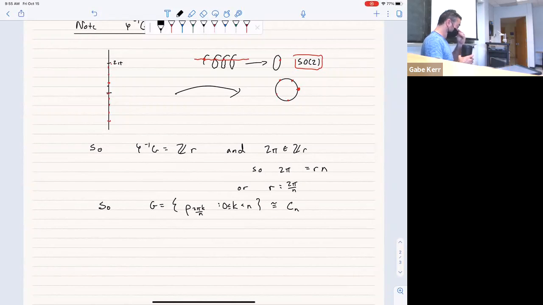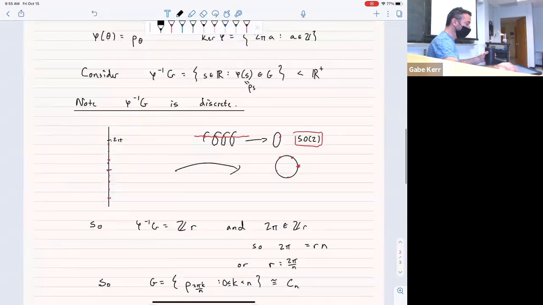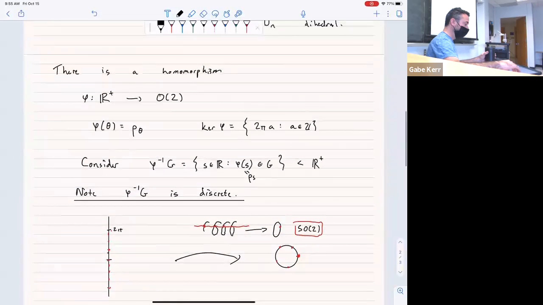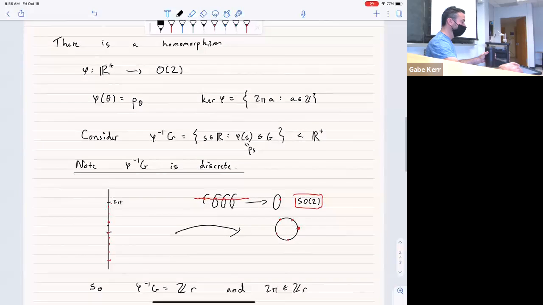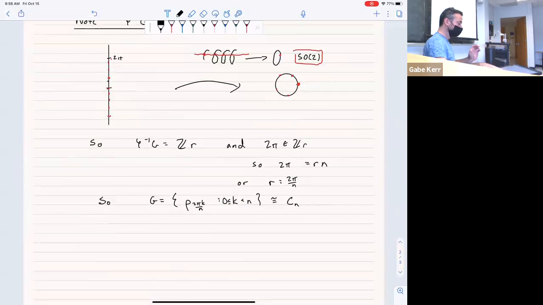So what we've shown is that if we look at the part of G that preserves orientation, it must be a cyclic group of order n. You'll notice that I only talked about SO2 here rather than O2. I said I have a discrete subgroup of O2.